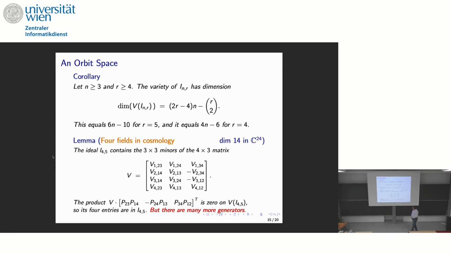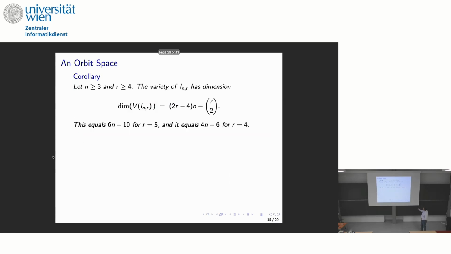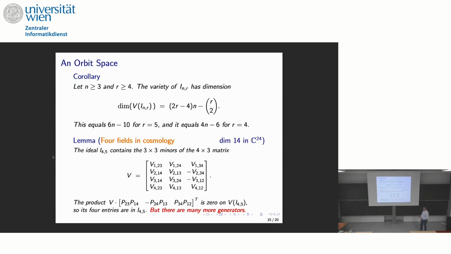But the computations turn out to be complicated. So let's, for example, look at I_{4,5}. That would be 4 fields in cosmology. So here n is 4 and R is equal to 5. Now that's a 14-dimensional affine variety in C^24. This number here is 24. So now I'm in a polynomial ring in 24 variables.